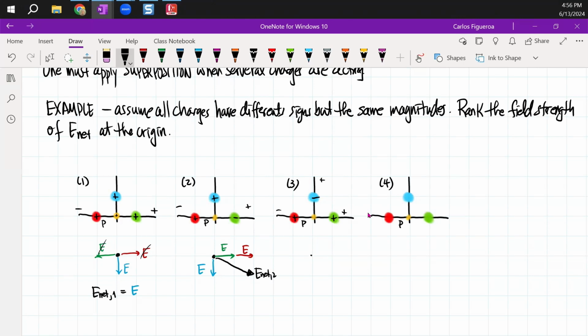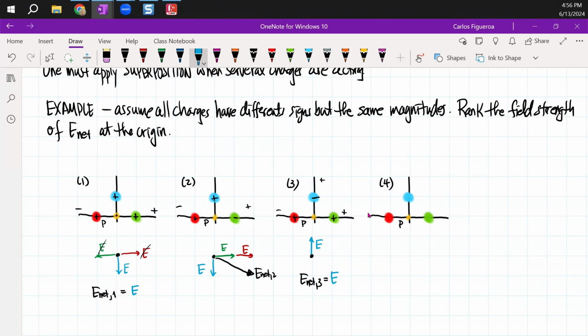By superposition, I only have one field that's moving like that. So in this situation, the magnitude of 3 is only going to be 1 unit of the electric field.